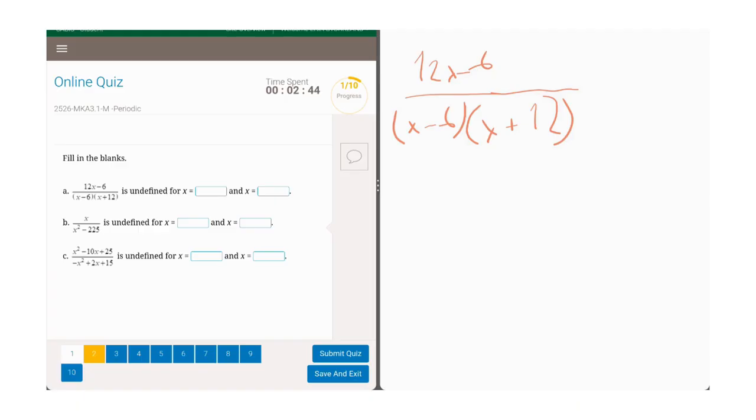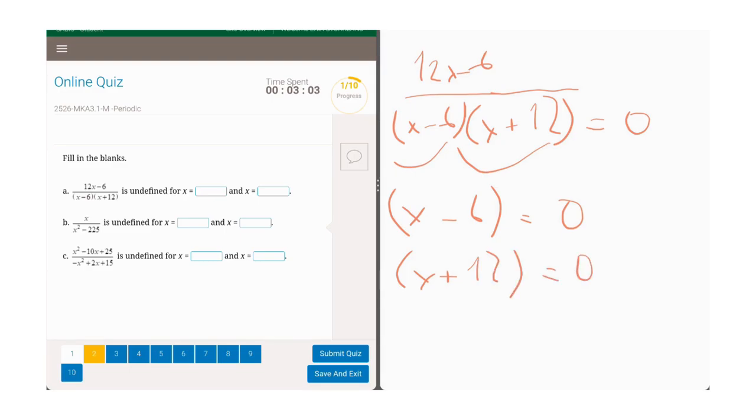Since these two are multiplying each other, we can do x minus 6 equals 0, or x plus 12 equals 0. Here we can move the 6 to the other side, and it'll become x equals 6. Here we can move the 12 to the other side, we get x equals negative 12.